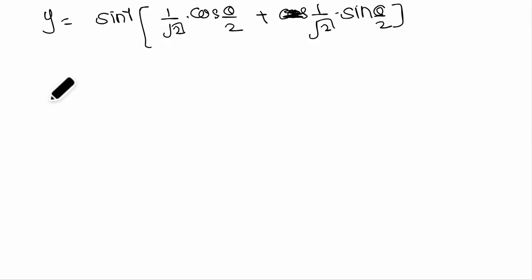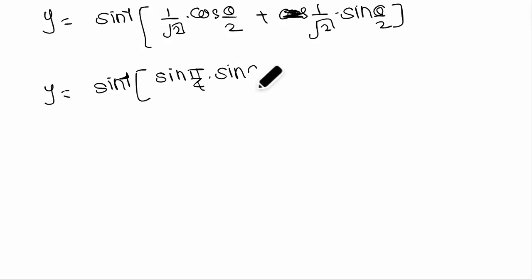So 1 by root 2 is sine 45, that is sine pi by 4, and also cos pi by 4. So it will be sine pi by 4 into cos theta by 2 plus cos pi by 4 into sine theta by 2.